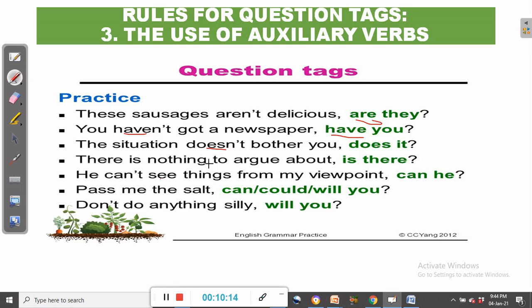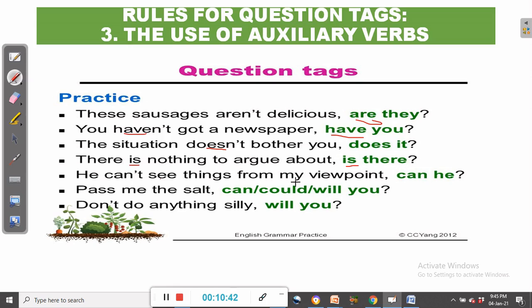There is nothing to argue about. Is, also a primary auxiliary, is a form of be, which is one of the three primary auxiliary verbs. There is nothing to argue about. Is there? So you see that auxiliary verbs feature prominently when we are forming question tags.